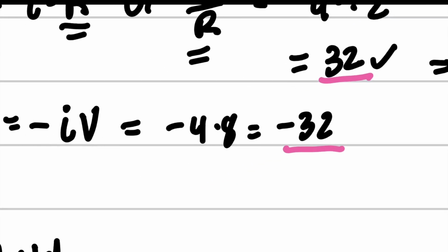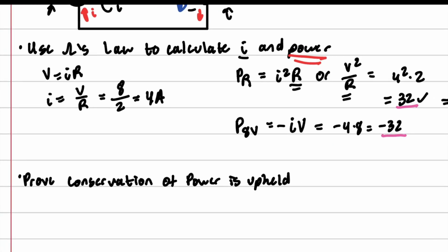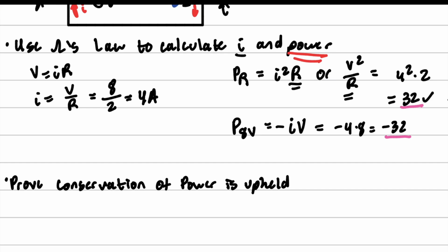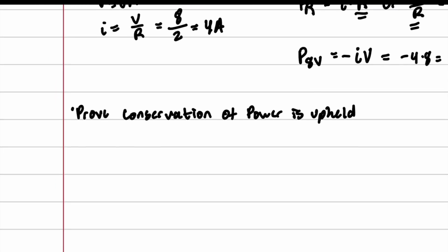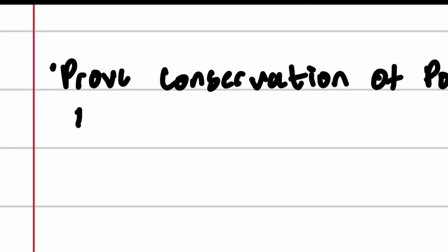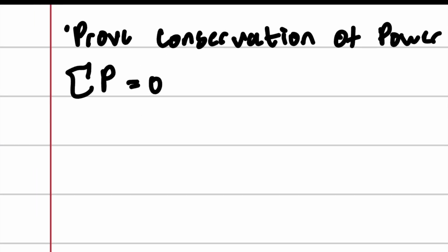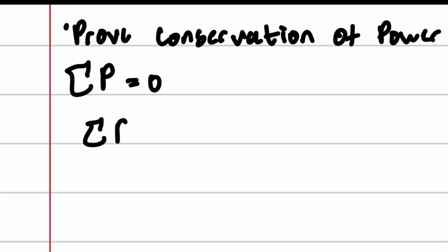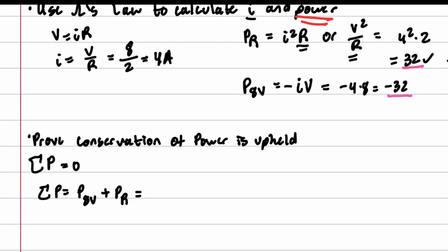The next question is, prove conservation of power is upheld. We said that conservation of power means the sum of the P's must equal 0. In this case, the sum of the P's equals P of the 8-volt battery plus P of the resistor. And what do we get?